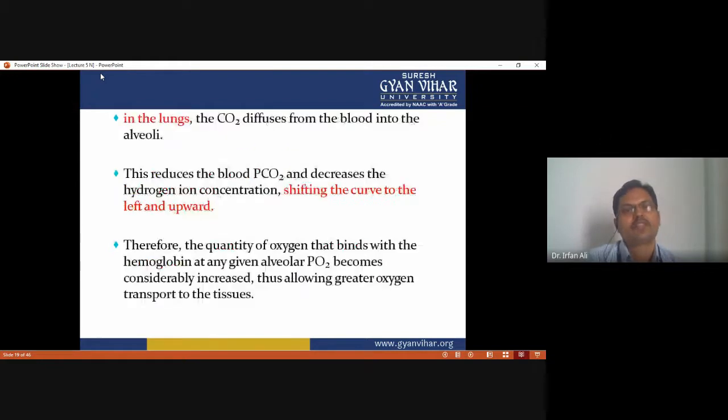And in the lungs, carbon dioxide diffuses from the blood into the alveoli, and this reduces the blood partial pressure of carbon dioxide and decreases the hydrogen ion concentration, which shifts the oxygen dissociation curve to the left and upward. Therefore, the quantity of oxygen that binds with hemoglobin at any given alveolar partial pressure of oxygen becomes considerably increased, allowing greater oxygen transport toward the tissues or cells.